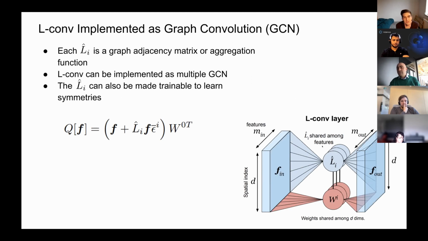So, for example, we don't treat our image as an image, but instead treat it as a single vector and then take this huge matrix.